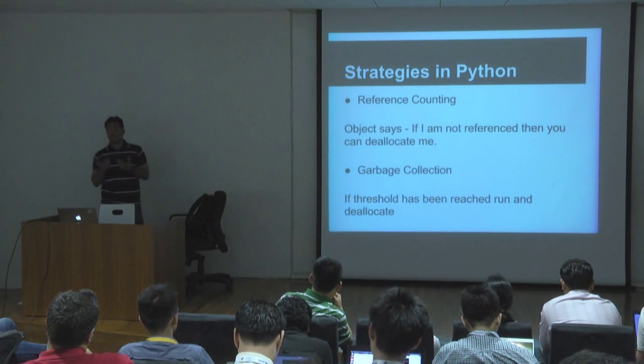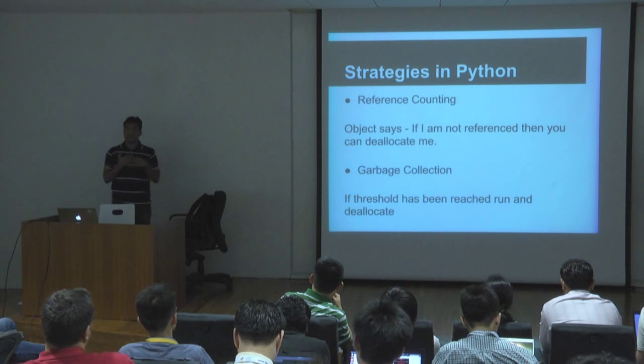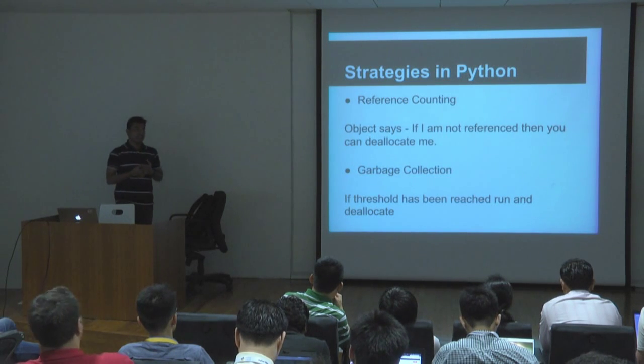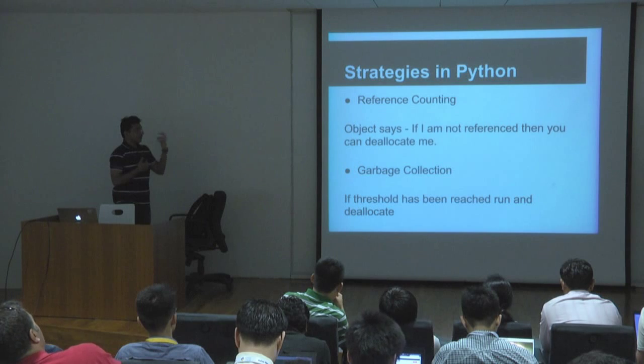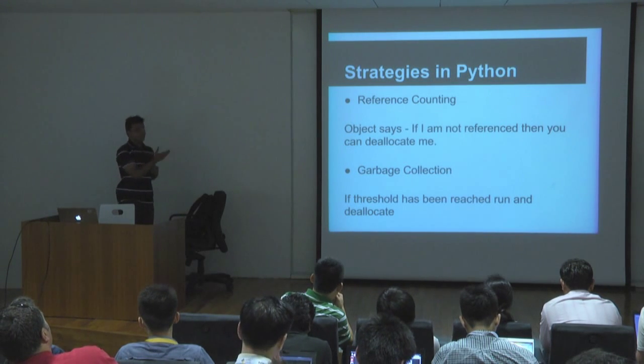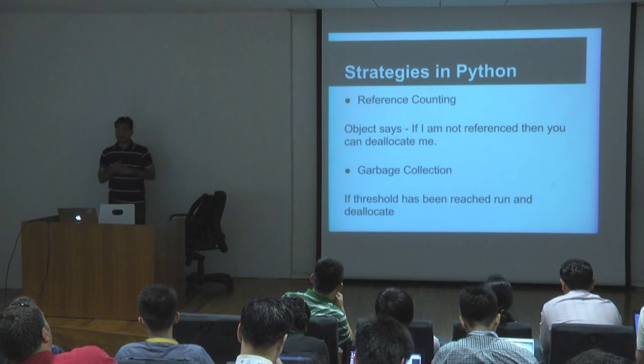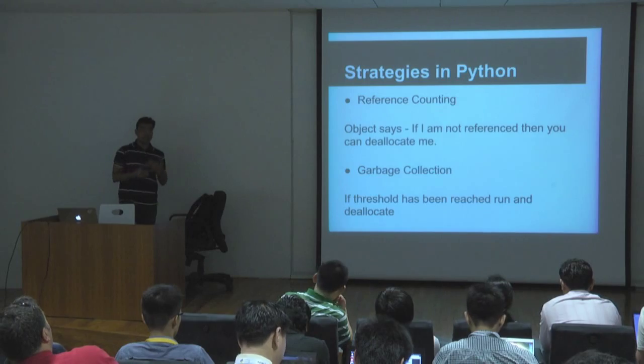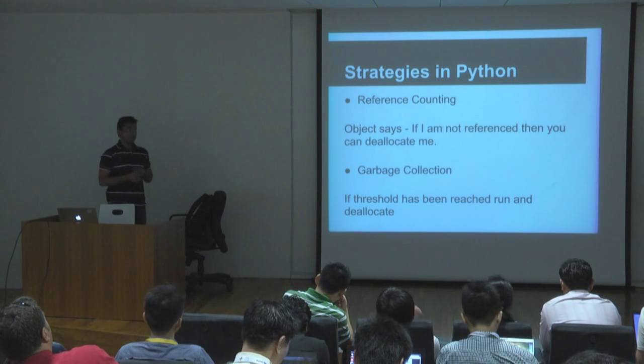Most people know about it or have read about it on websites, but I thought it's better to present it with examples, using a profiler to show memory. We can see live how much memory is getting allocated or deallocated, and how much is being used.